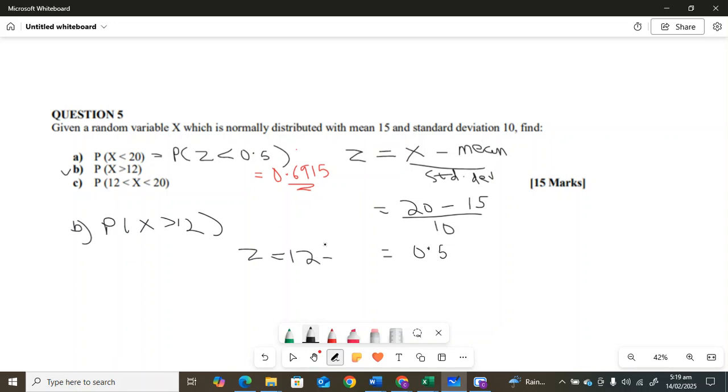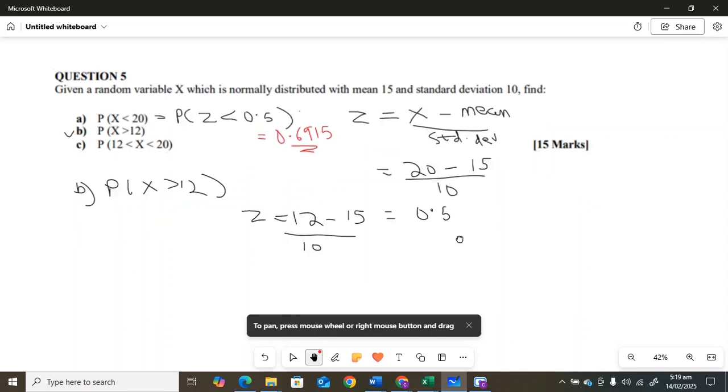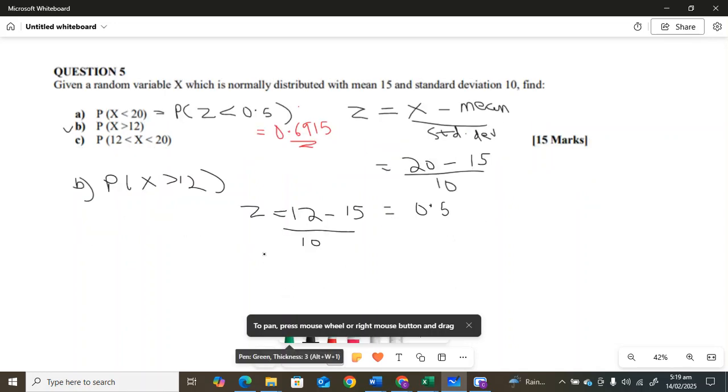So x is 12, the mean is 15, standard deviation is 10. 12 minus 15, that is negative 3, divided by 10, we get negative 0.3.